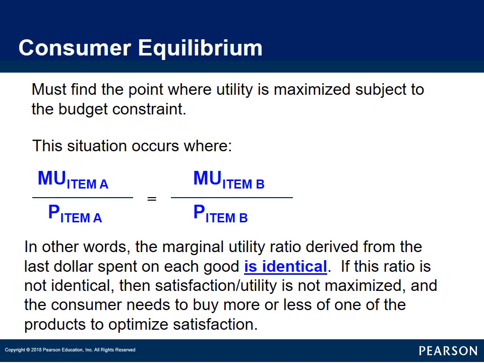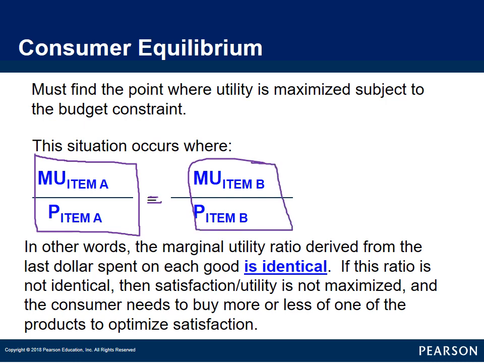So consumer equilibrium is achieved when the ratio of the marginal utility of item A divided by its price, whatever that ratio number works out to be, is equal to the ratio found when you divide the marginal utility of item B by the price of item B. So if you remember, marginal utility is the amount of satisfaction that a consumer will get from purchasing one more.